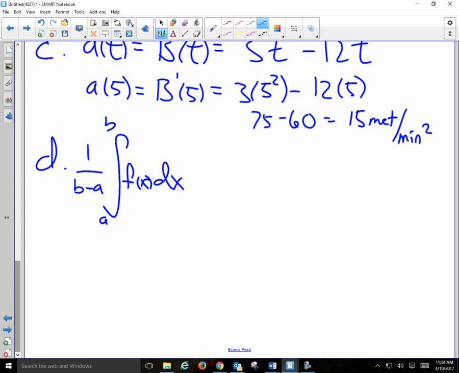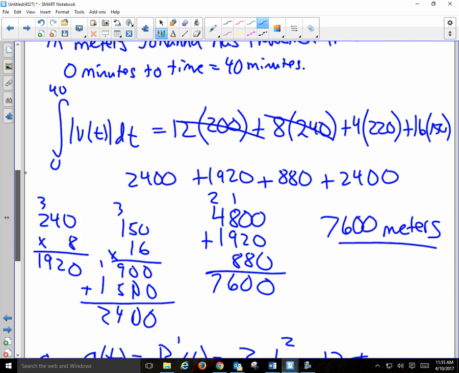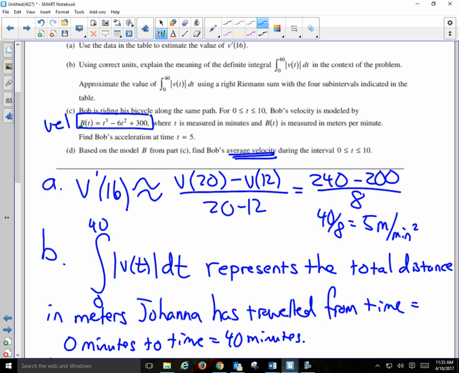Now, when you see the word average, a lot of times you think of your slope formula, okay? If you're looking for a rate of change, then you would look for the slope formula. So if it asks for his average acceleration, then we would use the slope formula. But we're given the velocity function, and since it's asking for average velocity, we have to find the average value of that function.